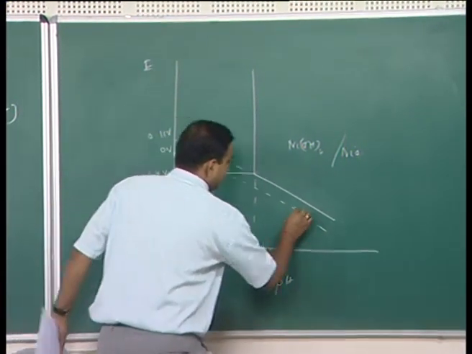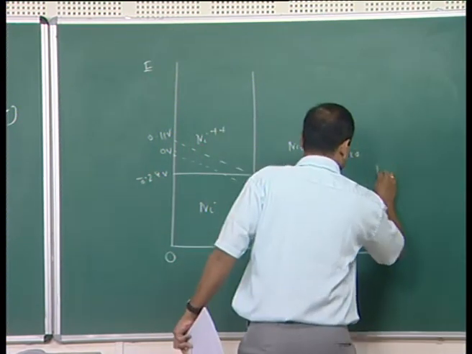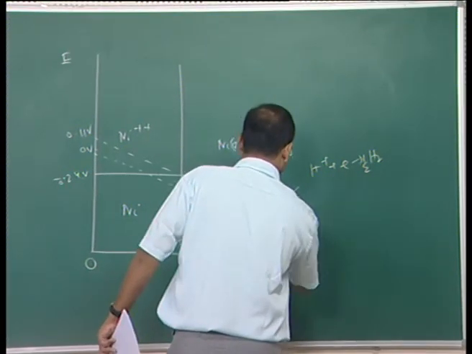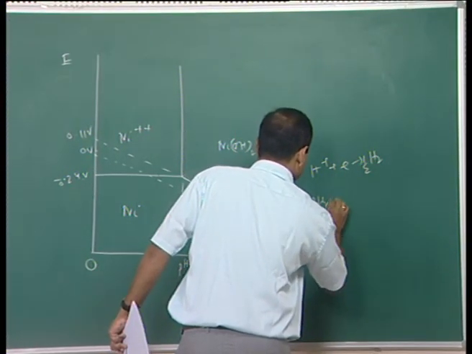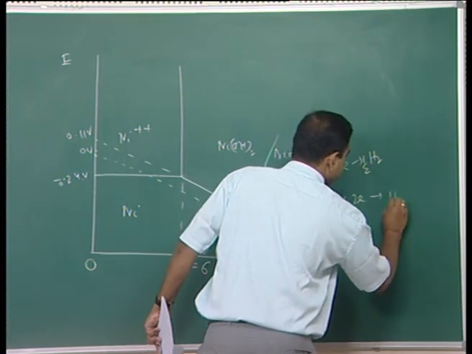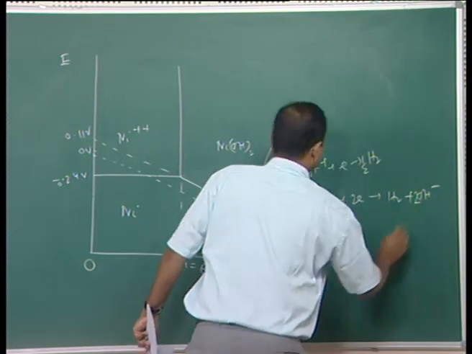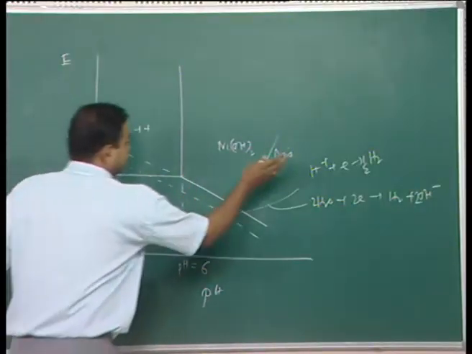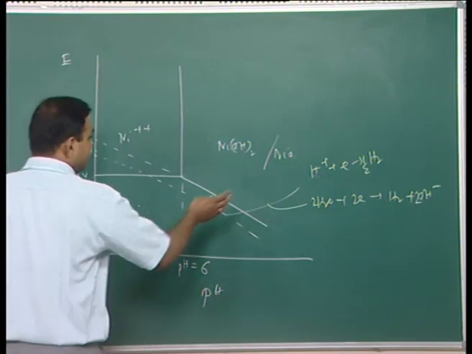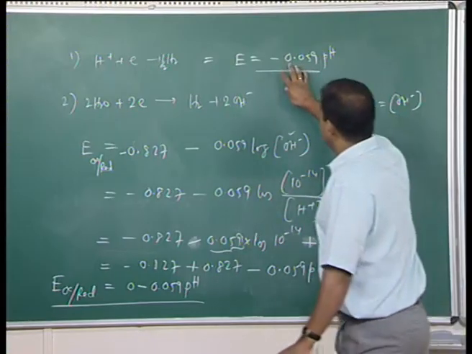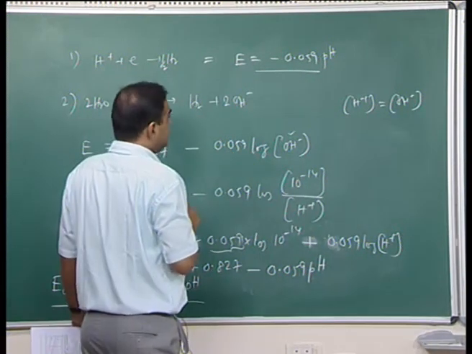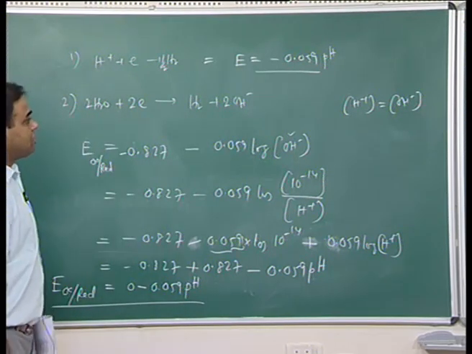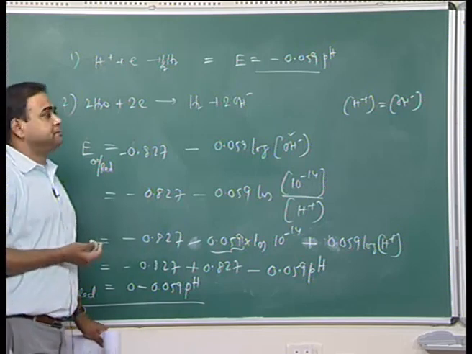And this dotted line indicates the equation H plus plus e equal to H2, and this also indicates H2O plus 2e equal to H2 plus 2OH minus. But we have to see where we would get this reaction, because this relation is pH as well as potential dependent. Now if you see this, here we have H plus ion. So the reaction which involves H plus ion is happening in acidic medium.